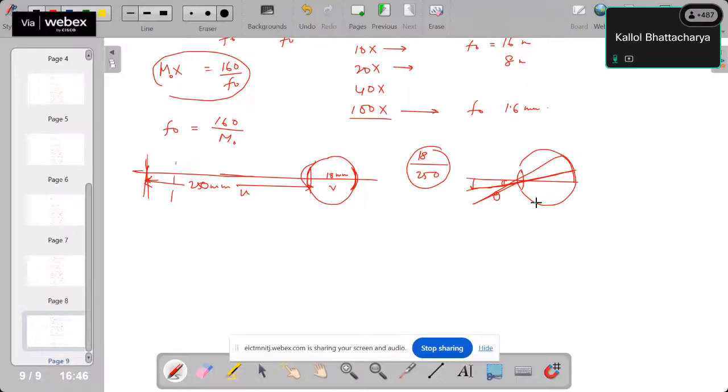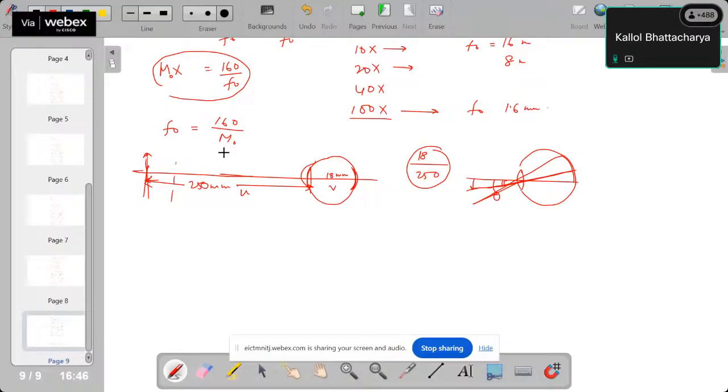So the angle subtended by the extremities of the object on the eye lens is important. Now, because our least distance of distinct vision is 250 millimeters, let us assume that the same microscopic object which we have used there, we have kept here.